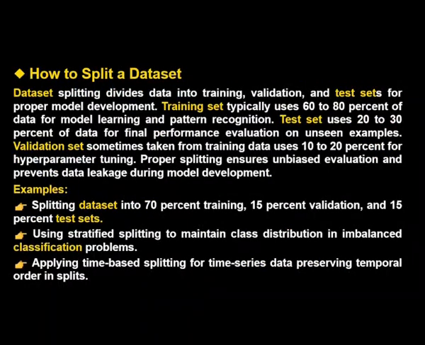The next one is dataset splitting, which is a crucial step in machine learning. Generally, 60 to 80% of the data is used for training purpose, 10 to 20% of the data can be used for validation purpose, and 20 to 30% of the data for testing purpose.